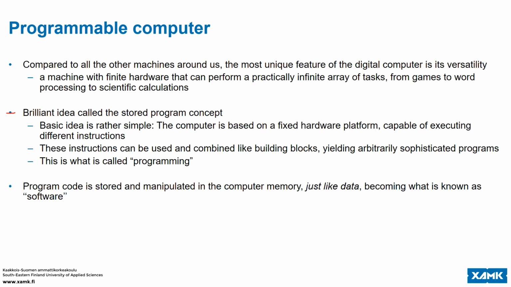The computer is just a fixed hardware platform that can execute different instructions, so the lines of code dictate what the computer is doing at a given time. And this is what is actually called programming. Program code is written and stored in the computer's memory, just like data, and that then becomes what we know as software.